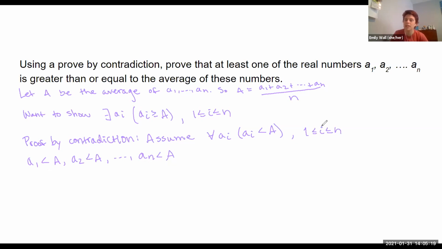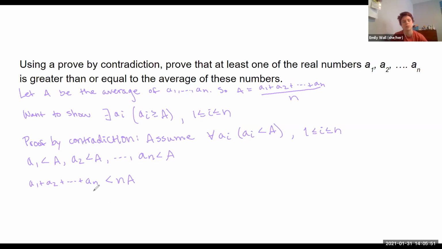And I still might not be sure where I'm going, but we have this statement up here about what A equals, and it involves adding all of these A terms together. So that seems like a really good move. Even if I don't know how it's going to help, we used it up here, so it seems a good thing to try again now that I have more information about A1 through An. And if we sum them up, each term is less than A, and there are n terms, so this is less than n times A.